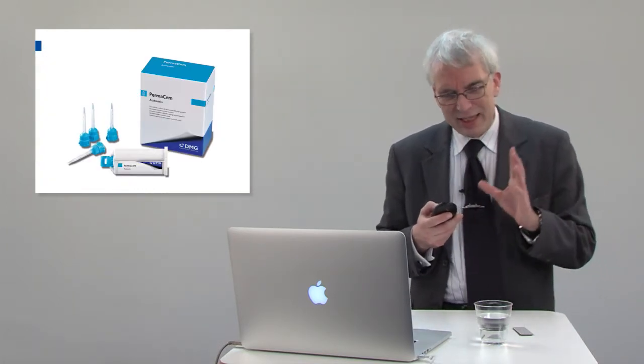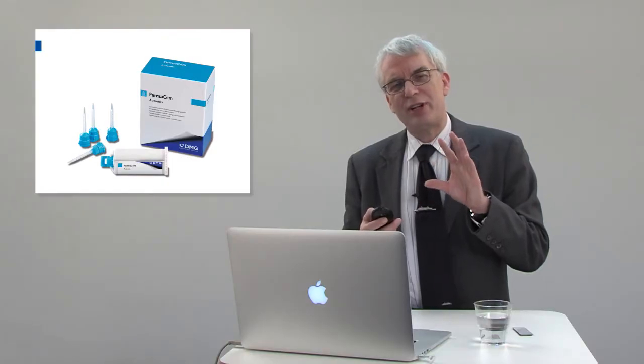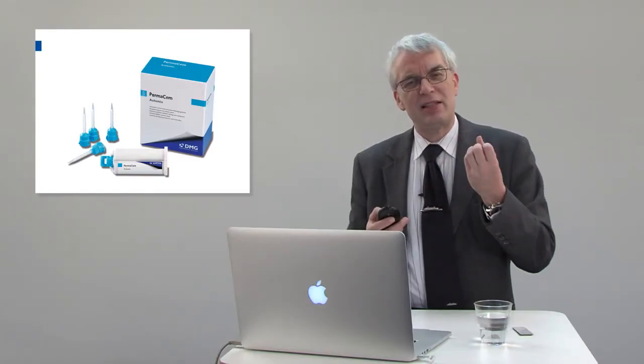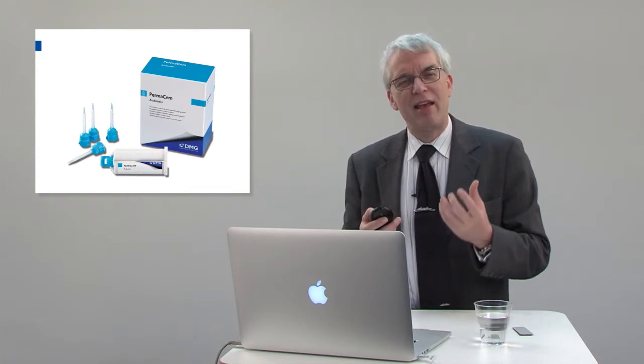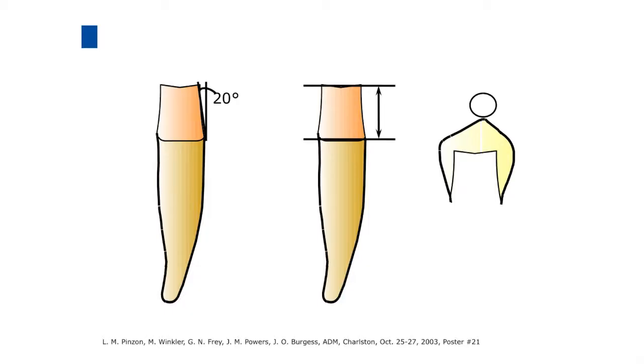And to show you this a little bit, let me explain a bit more about Permacem, the predecessor. So Permacem is already a resin cement, which means it has higher initial strength and it's more aesthetic. But to try out what it's about adhesion, we created the same type of crown fitting.